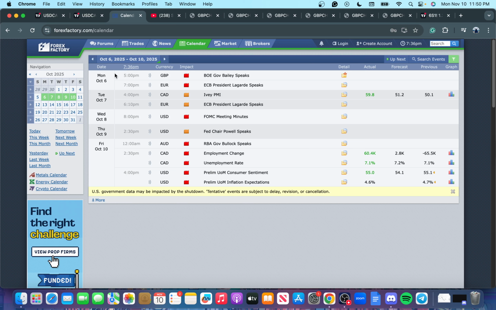Okay, so if we study the data here, you can see on Monday we only have interest rate announcements on pound and euro, none on dollar. On Tuesday we have a medium impact on Canadian dollar, right?